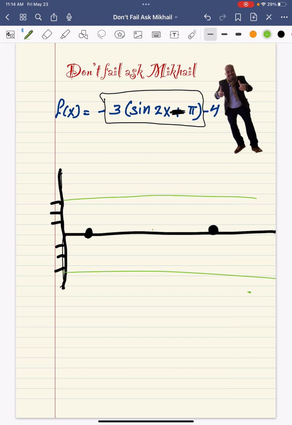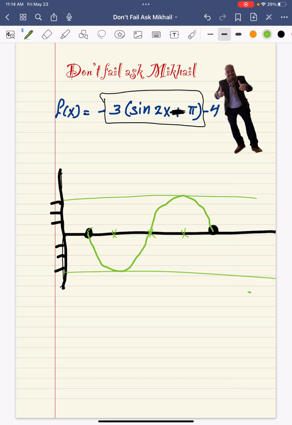Here is the min. Max, min. So it's going to go like this. You want to make it negative, so we want to add the negative. So this is going to be here, and this is going to be here. And watch what I'm about to do. The graph will look like this.